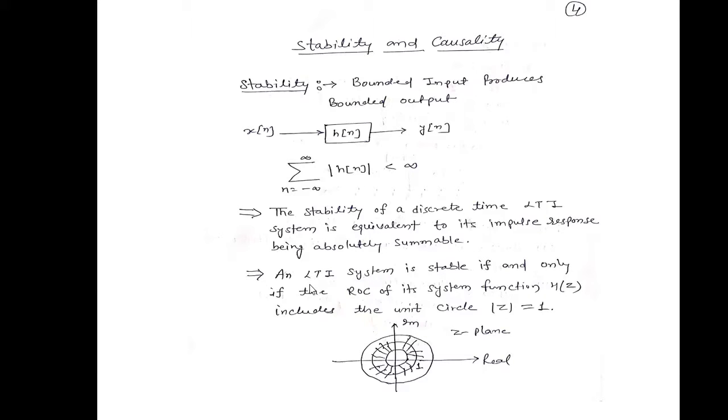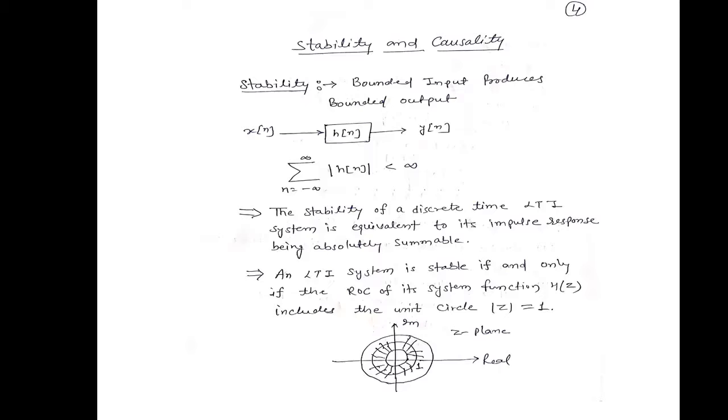The second condition is that an LTI system is stable if and only if the ROC of its system function H of z includes the unit circle, that is mod of z is equal to 1. When we discussed the Laplace transform, there was a particular case for which stability can be defined.